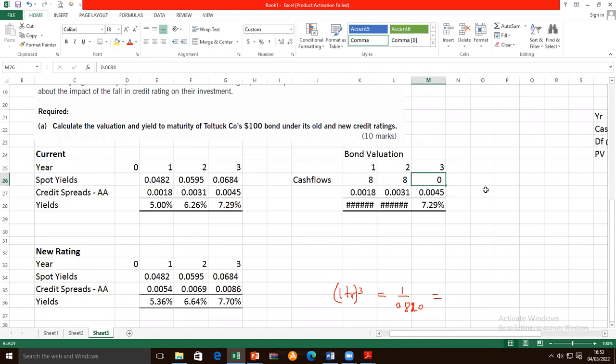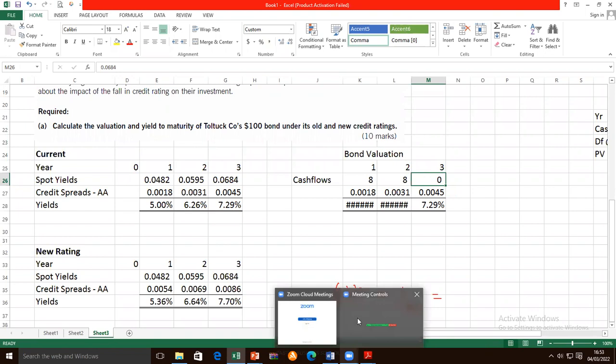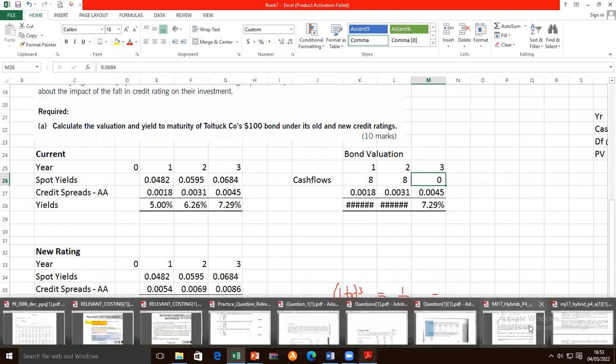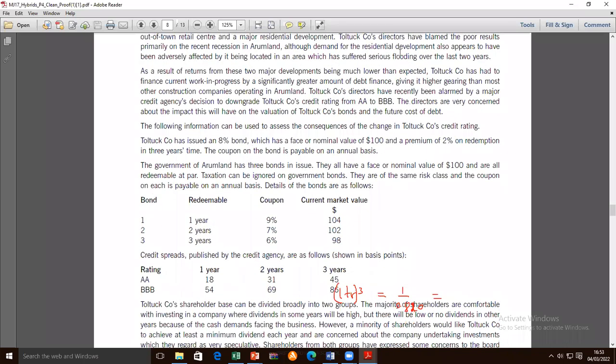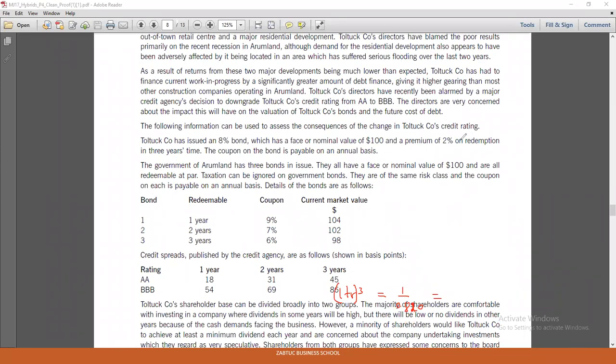They say what are the terms of redemption? Here we go.